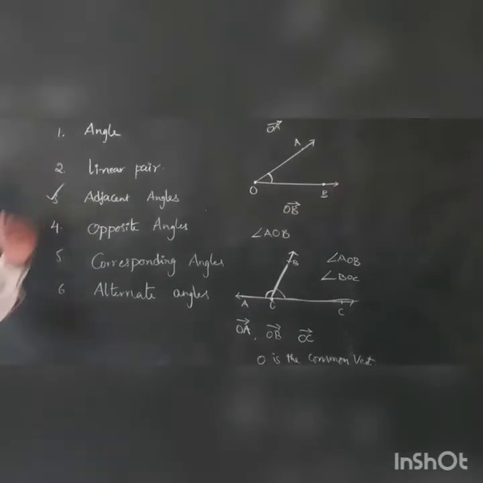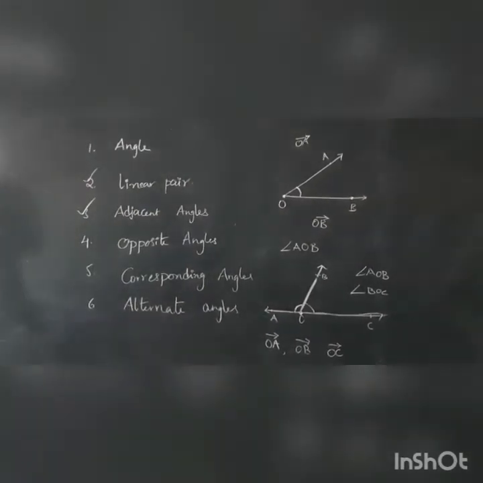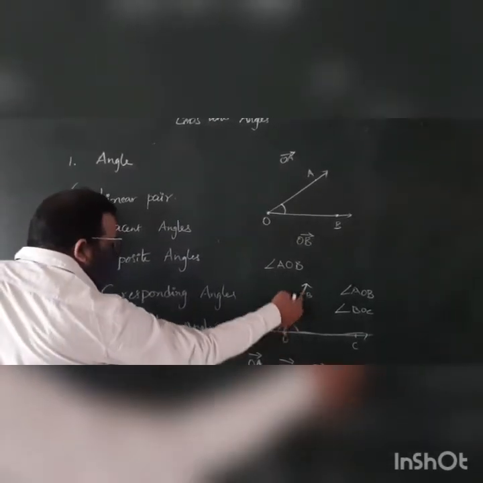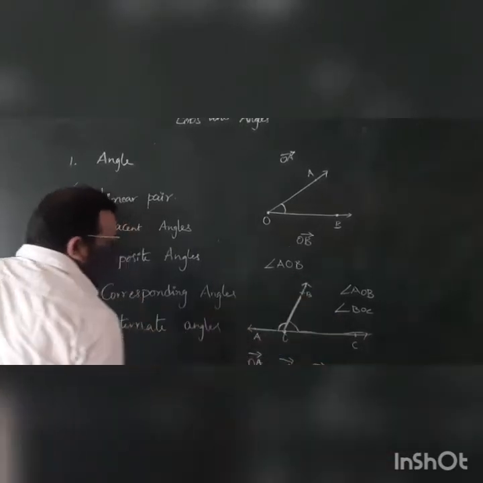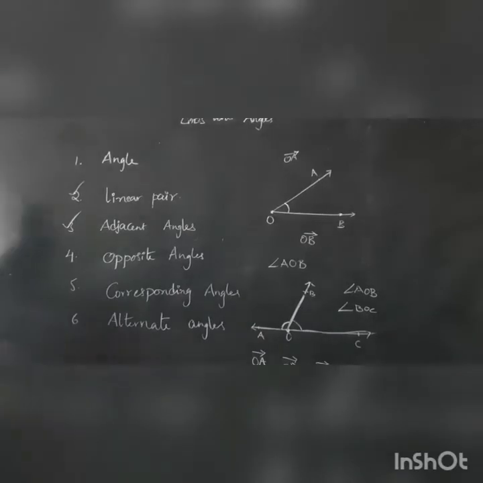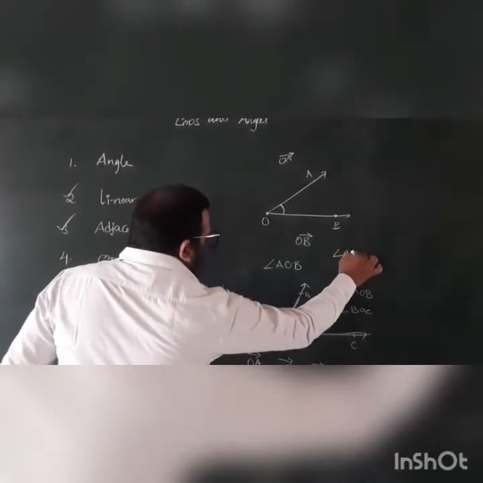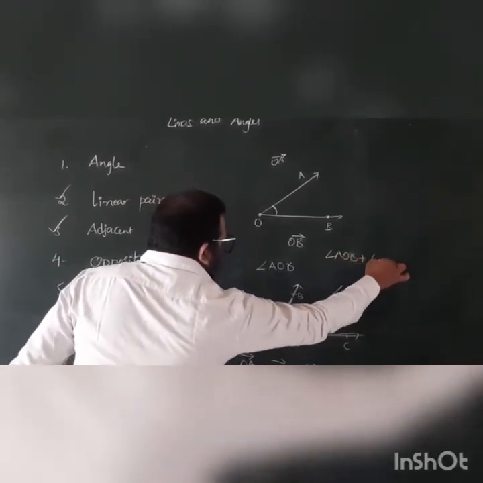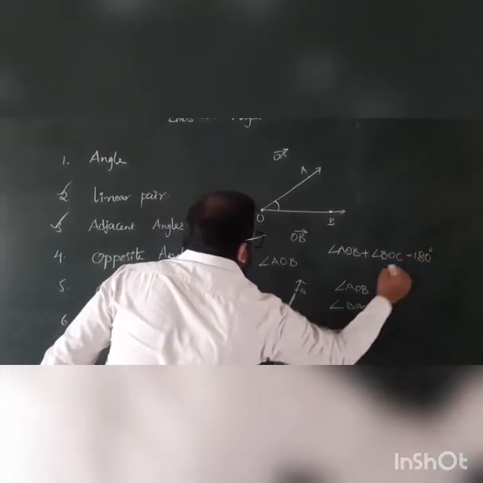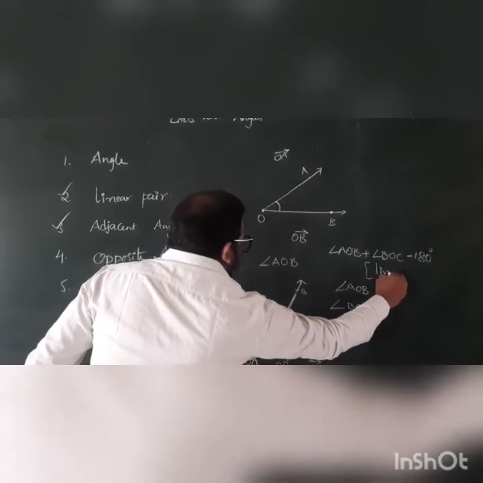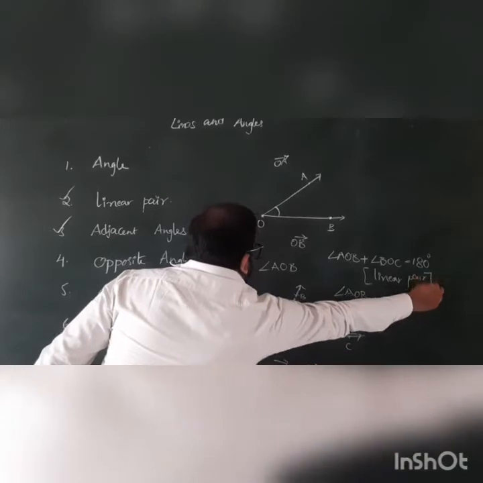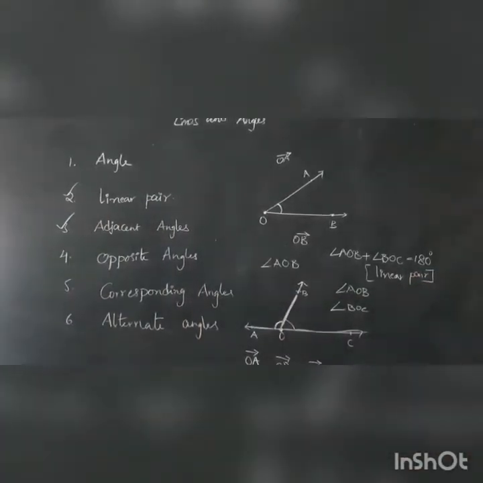Okay. Now what about the linear plane? Linear plane means, you can see when we add angle AOB plus BOC, we get the total angle as 180. That means angle AOB plus angle BOC is equal to 180 degrees. Then we call them a linear plane.